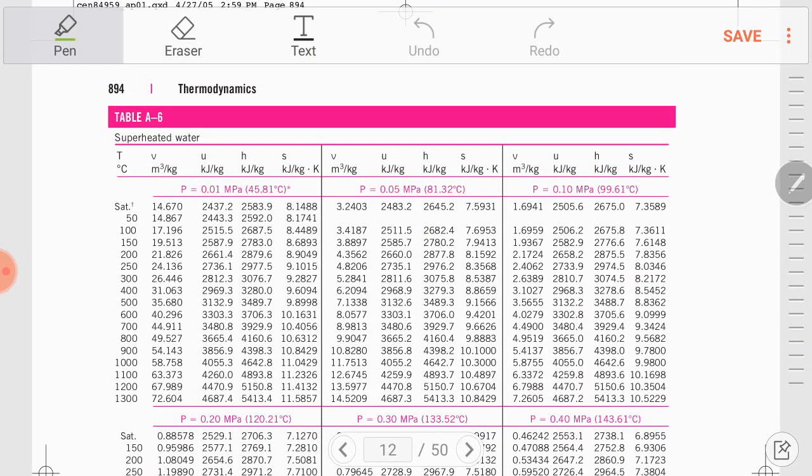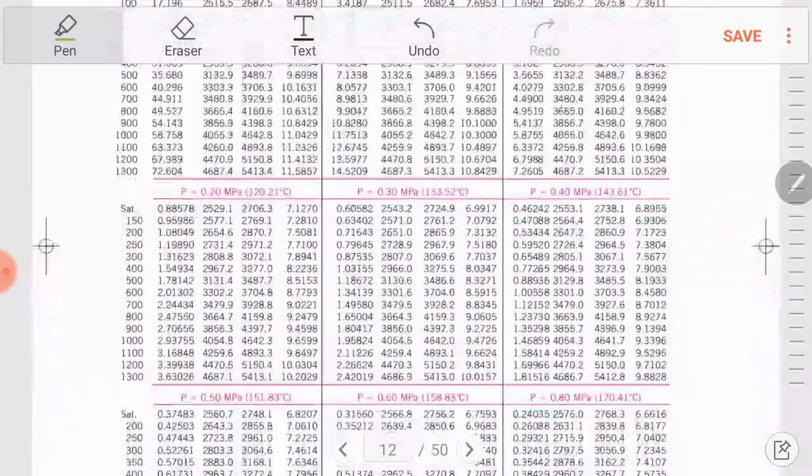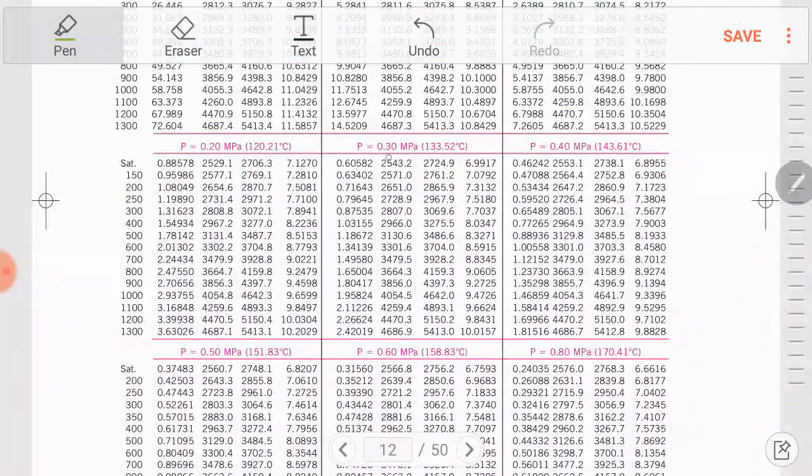So we again see the values at 300 kilopascal, and the conversion of kilopascal into megapascal is simple. Divide 300 kilopascal by 1000, so it becomes 0.3 megapascal. So we go into the table of 0.3 megapascal because the pressure is constant from state one to two.